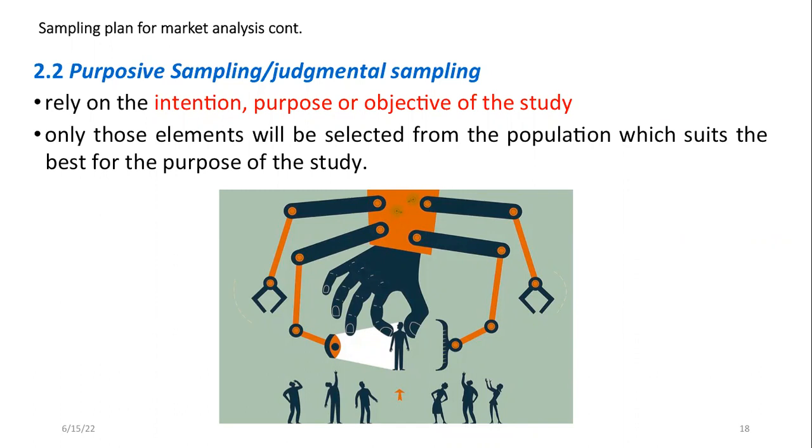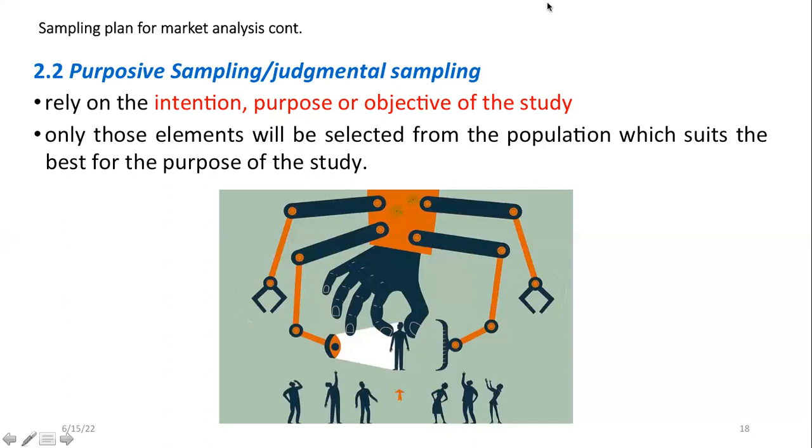Then you select only the food science people purposely. You judge that this is the best group, and you think that this is the best group for the sampling, and you take the sample and do the survey. So that is what we call purposive sampling.